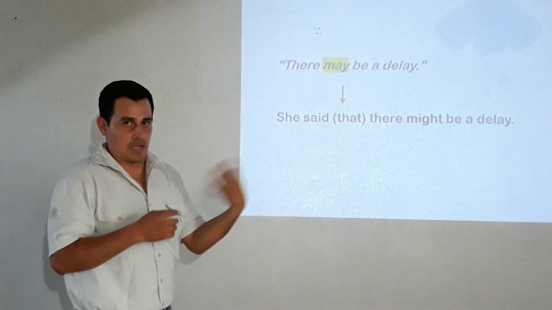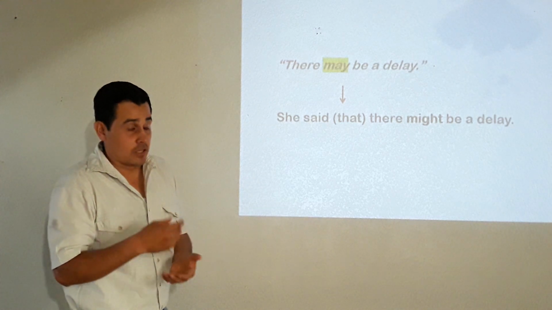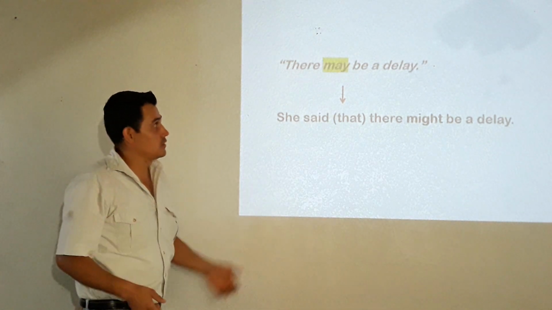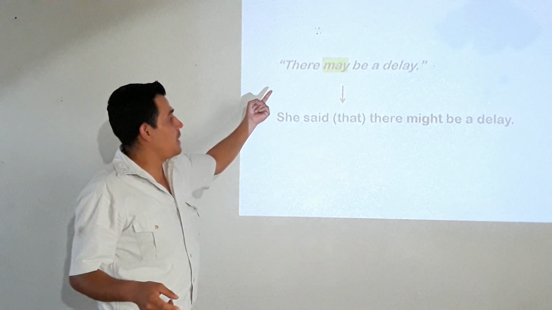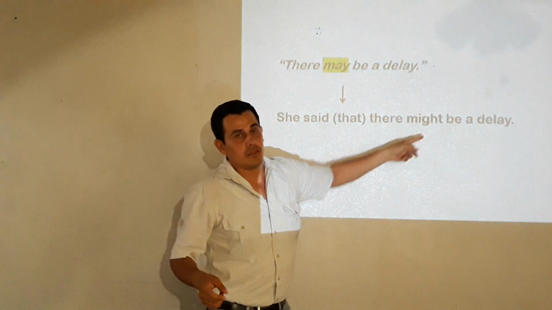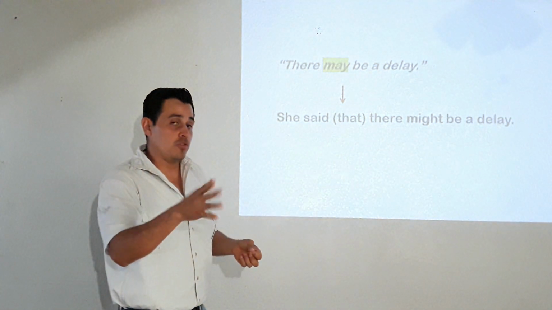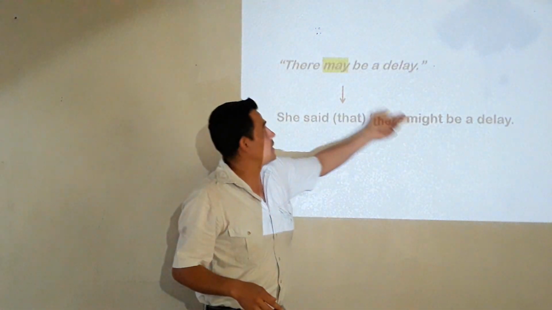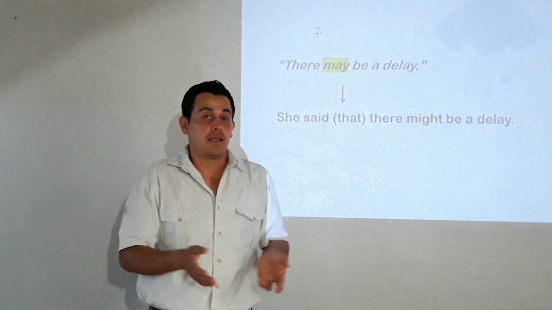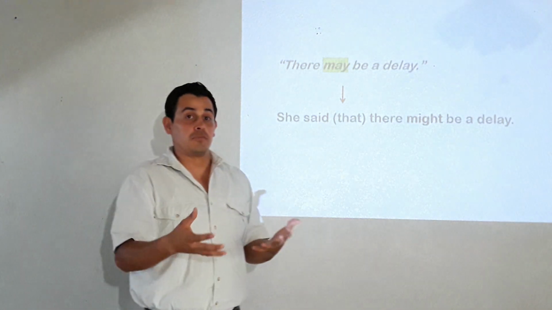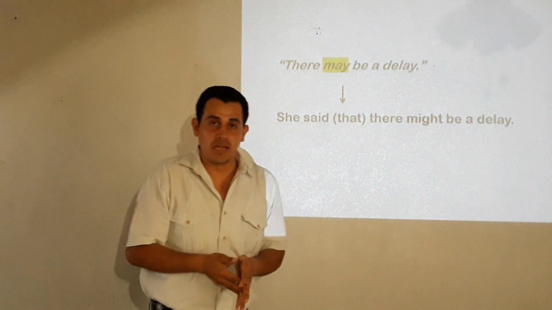If not, we're going to have a live session so you can ask me the questions that you have from this. Moving on. May changes into might. And remember I told you about this a little bit in class? About might and may and the use of modals and how we sometimes use them incorrectly, depending on the probabilities of something happening.